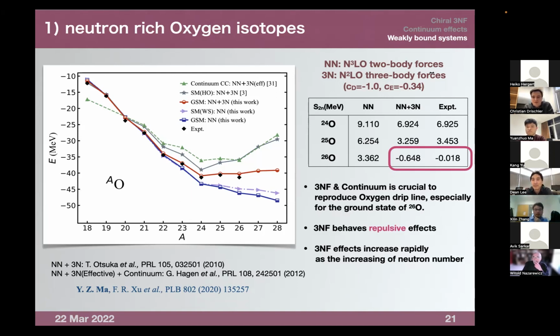Yeah. I mean, this is maybe also more of a comment. So I'm actually not sure whether in many of these chiral calculations there was a readjustment of the three-body force. Because usually, if I remember, like Gauthier's paper and some of the others, I think they essentially used the cD and cE that were determined in the bound state calculation in some way, and I don't think they readjusted that when they went to the Berggren basis.